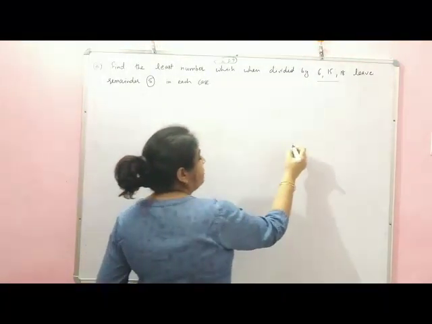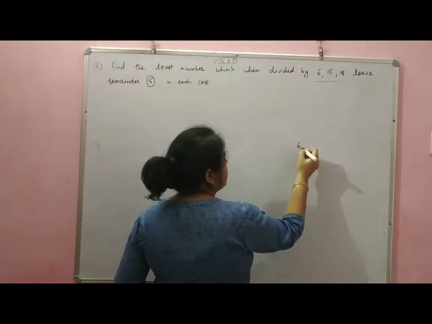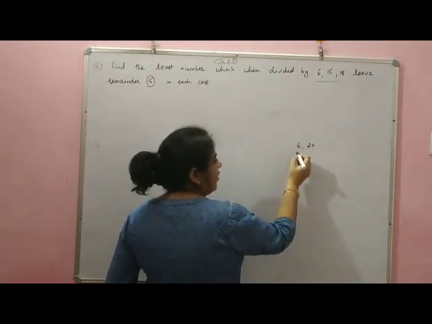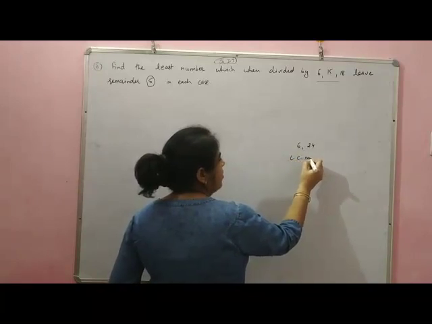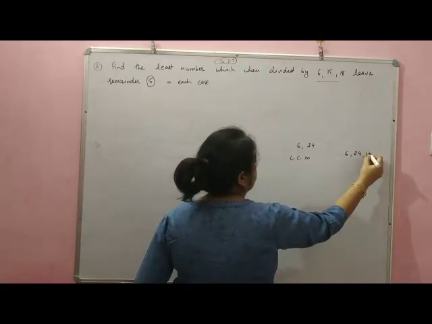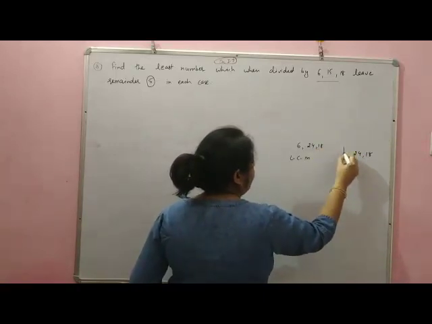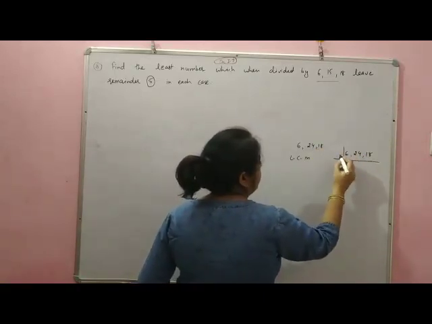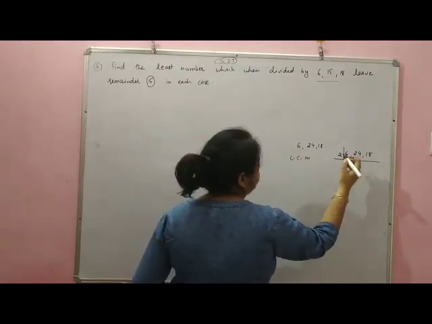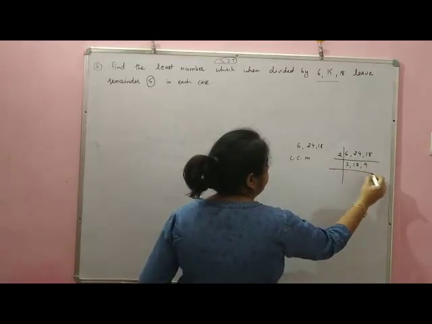Just for students, we have two numbers, 6 and 24. What is the LCM of these two numbers? 6 and 24. Or we can take one more number with this, 18. If we find the LCM of these three numbers, we go with 3: 3, 12 and 9.